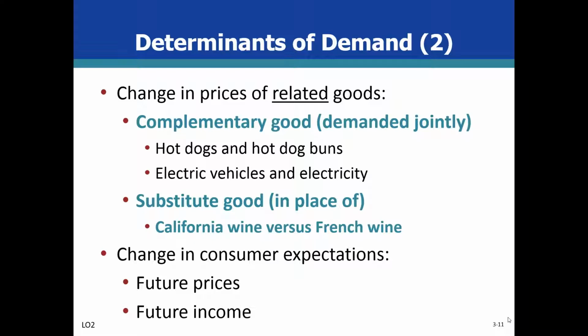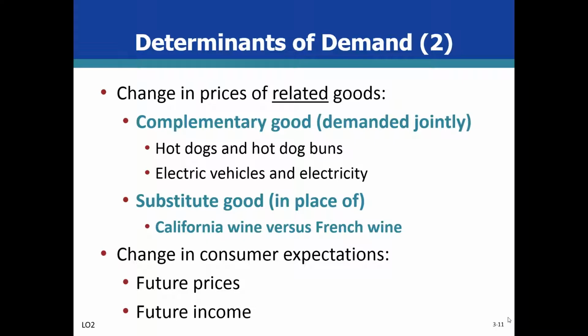Other determinants of demand would include the change in prices of related goods. And here we have two types. We have complementary goods that are demanded jointly. Okay, let's talk about complements for a second.